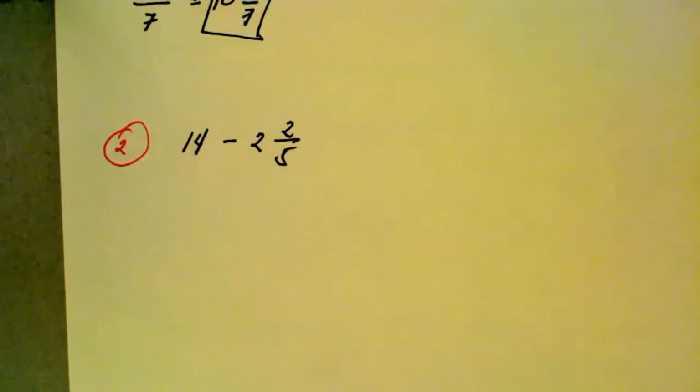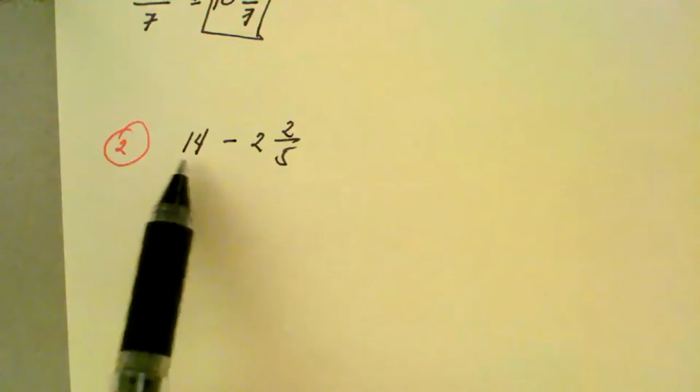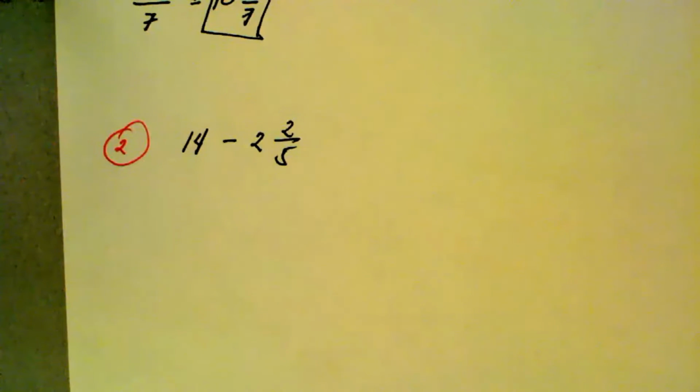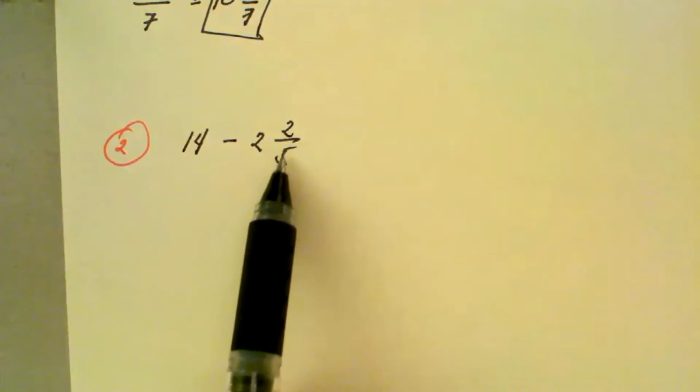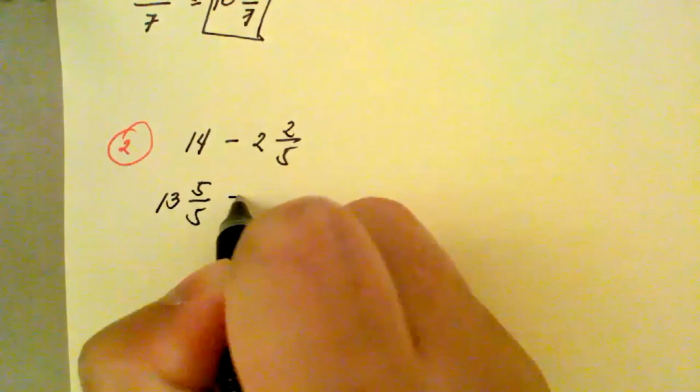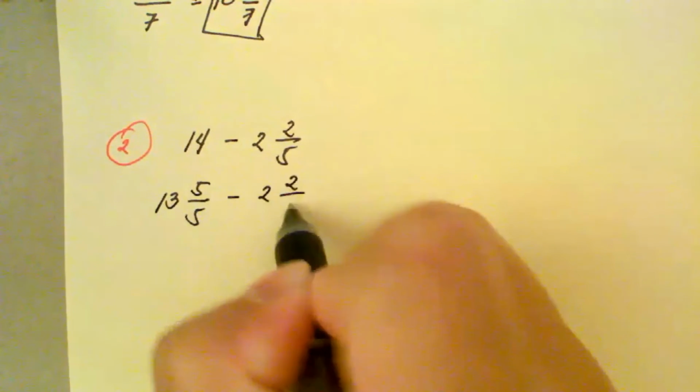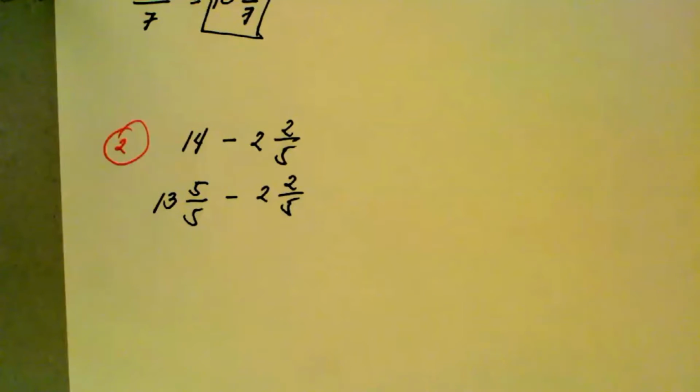So I have 14 here minus 2 and 2/5. So what I need to do is to have a fraction out of this 14. I'm going to rename this. And since the unit here is fifths, I need to have fifths from this whole number 14. So I'm going to rewrite this as 13 and 5/5 minus 2 and 2/5.